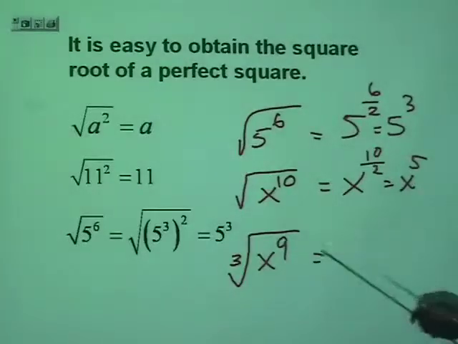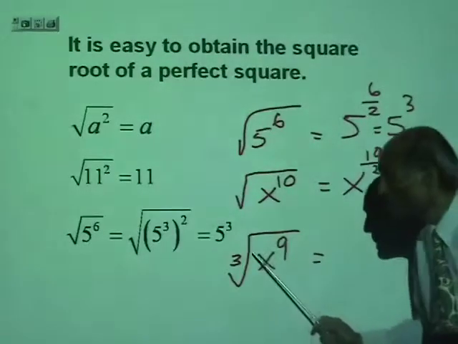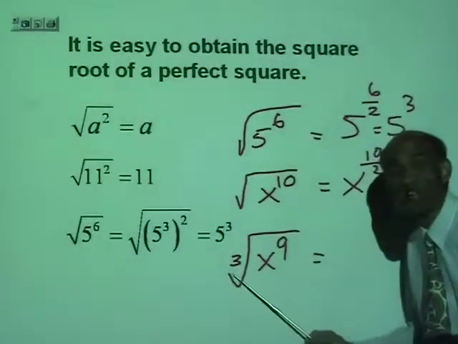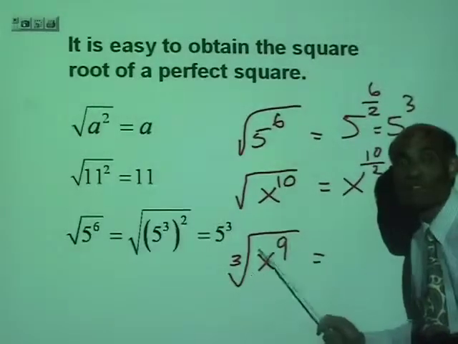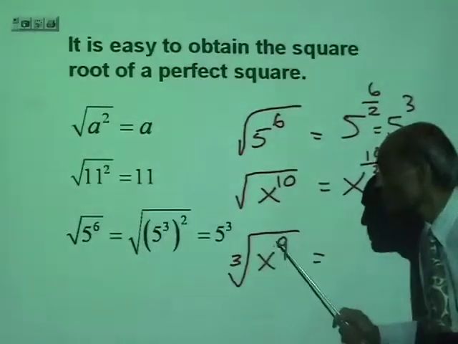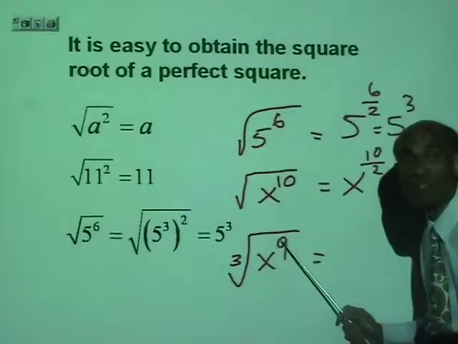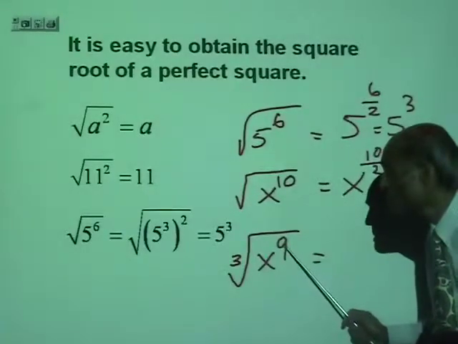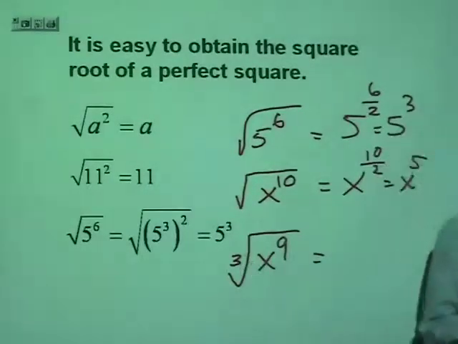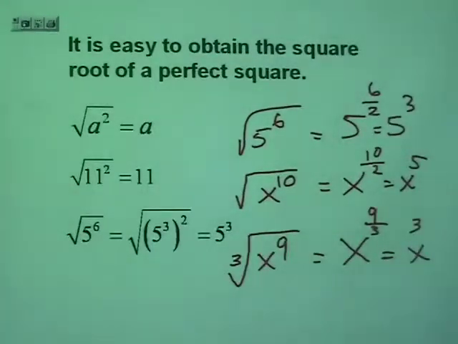Well, we can do this the same way. Here, the type of radical is the third root. So, to find the cube root of x to the power of 9, simply divide the power 9 by 3. So that will be x to the power of 9 divided by 3, that is x to the power of 3.